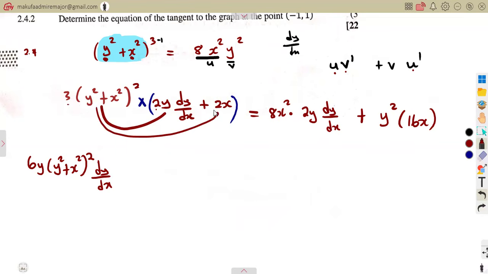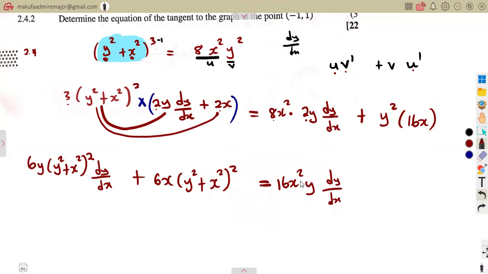So it's 3 times 2, which is going to be 6x, the bracket as it is, y squared plus x squared to the exponent of 2. This is equal to, we simplify also here, 8 and 2, which is 16, x squared y dy dx. Here we can simplify again the 16x y squared.